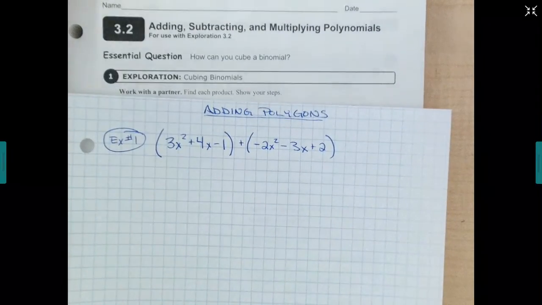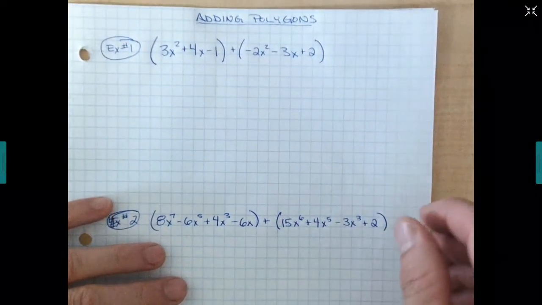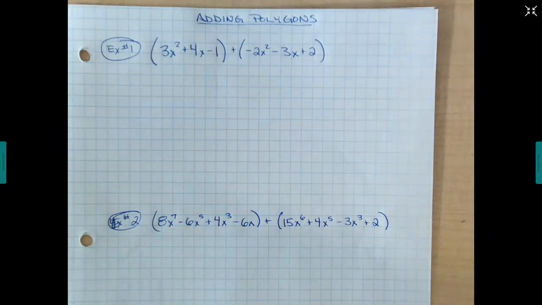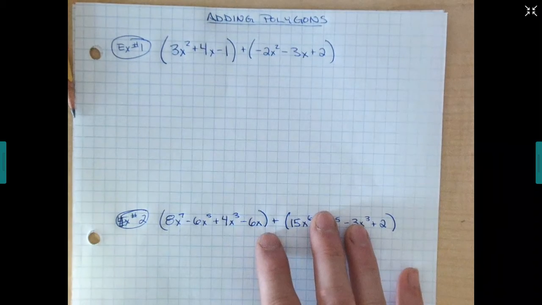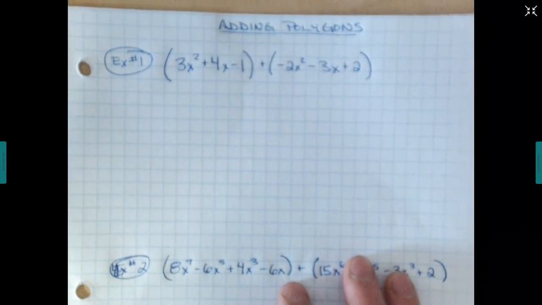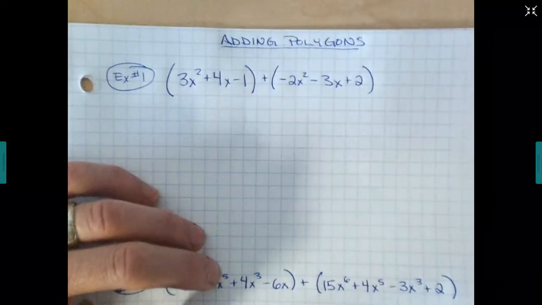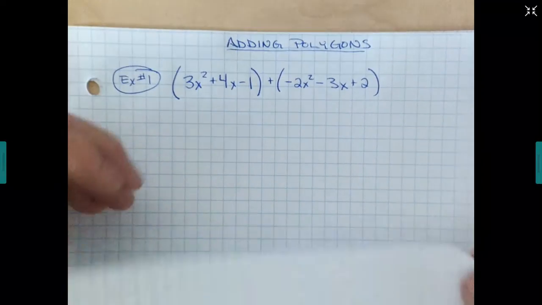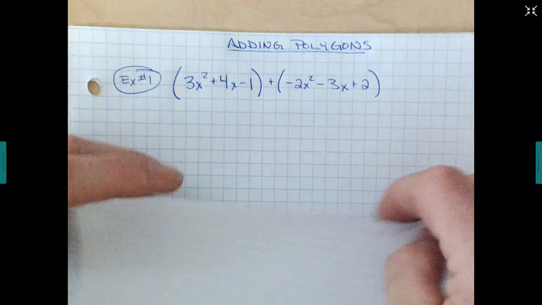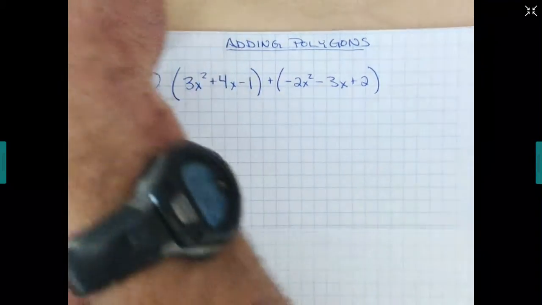Example number 1. I have 3x squared plus 4x minus 1 plus negative 2x squared minus 3x plus 2.